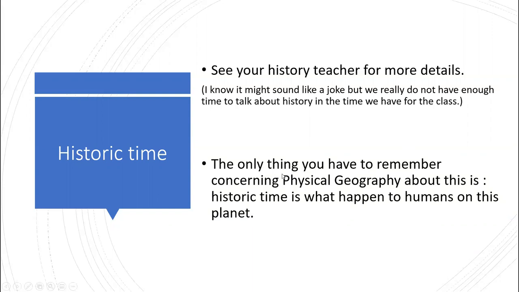That's why I said at one point that physical geography uses a lot of different sciences but does not go in depth into them. Well, history is one of them. We know about it, we use it, but we don't go into details, right?